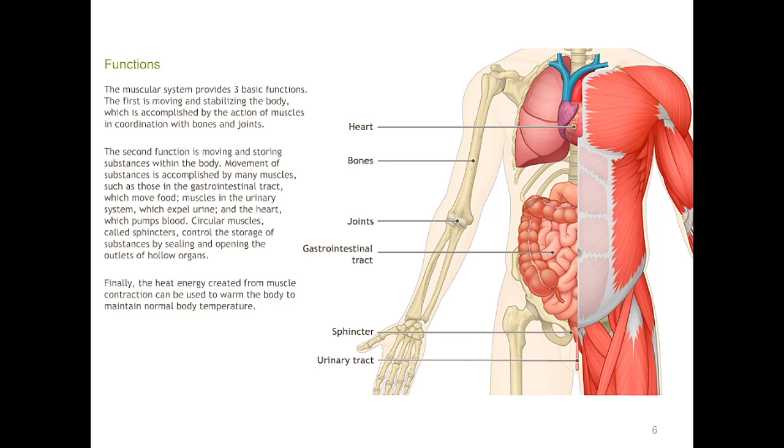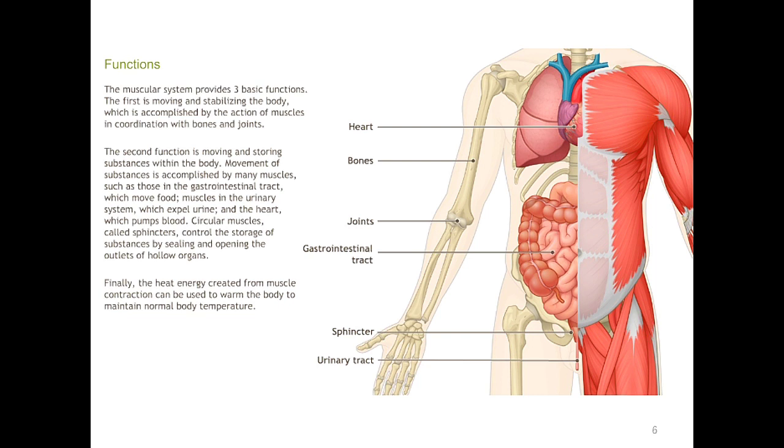These are circular muscles. They store substances in the organ for a temporary period of time and release them whenever needed. Examples of systems working on this action are that our GIT moves the food, our urinary system expels the urine, and our heart pumps the blood.